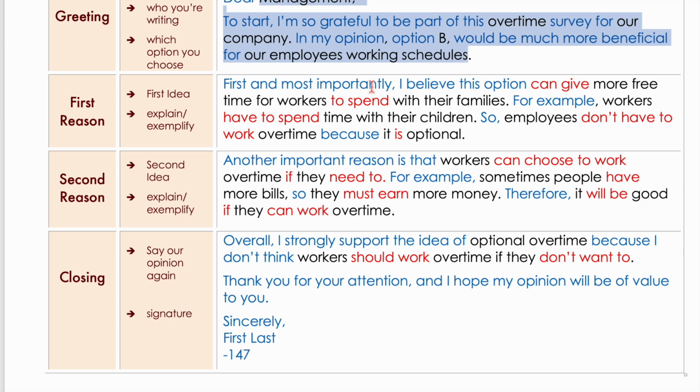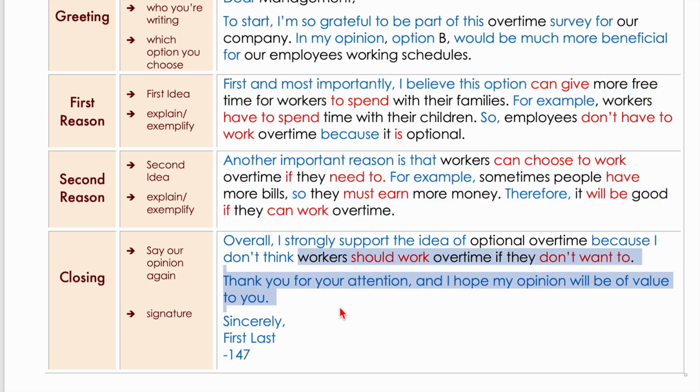And lastly, give some ideas. Maybe even one idea is okay. And lastly, your sentence structure shouldn't have so many simple errors, and it should be clear.